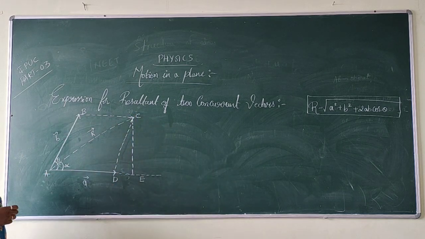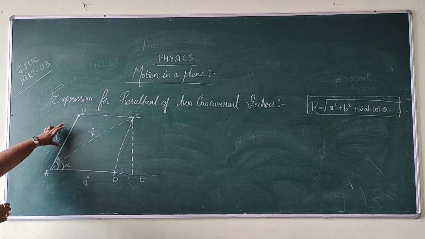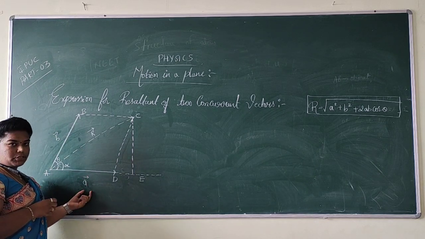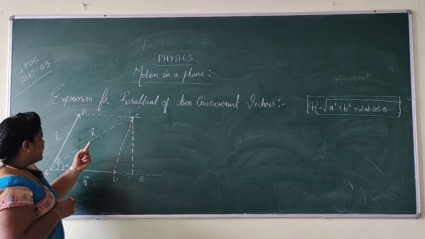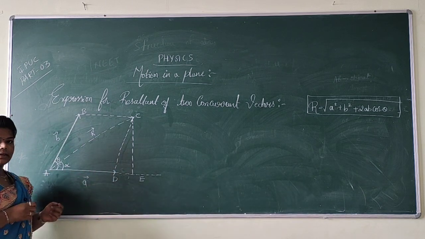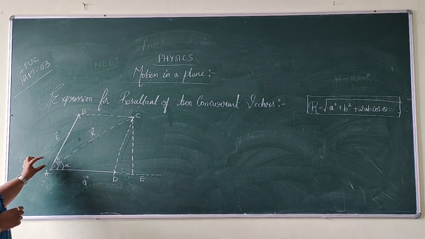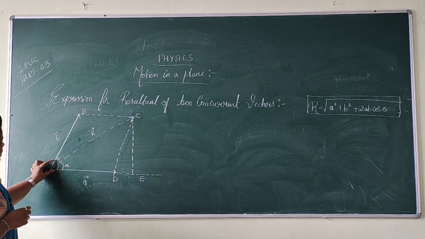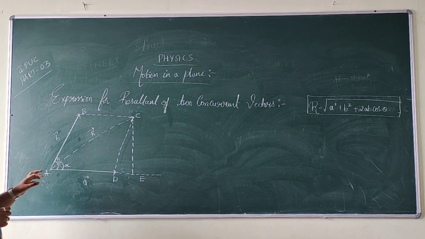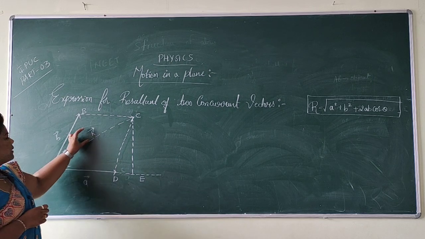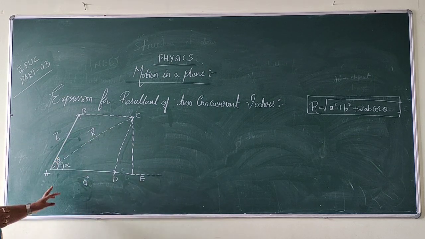Please be careful. Here, AB is equal to vector B, AD is equal to vector A, AC is equal to the resultant vector capital R, and this angle theta is the angle between the two vectors A and B, and alpha is the direction of the resultant vector R acting along AC.